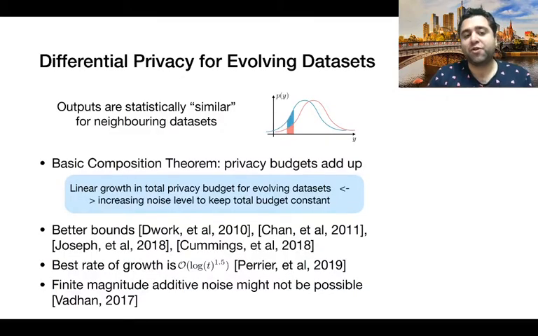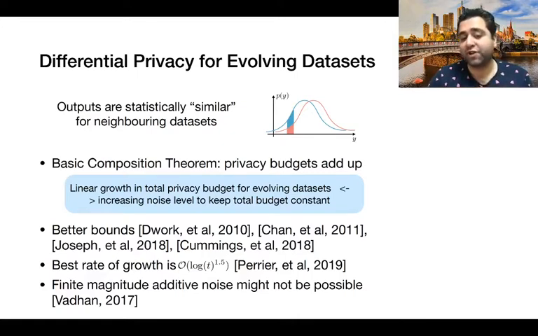Being able to ensure differential privacy for evolving datasets, especially on an infinite horizon, is a very difficult task. That comes back to the composition theorem, a fundamental property of differential privacy. The composition theorem says that the privacy budgets for each report add up to construct the overall privacy budget as we report more and more based on a given private dataset.